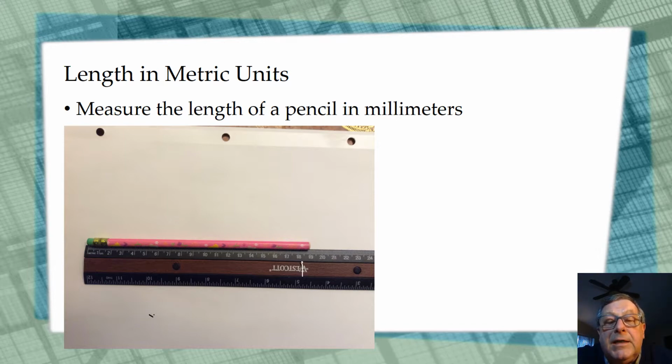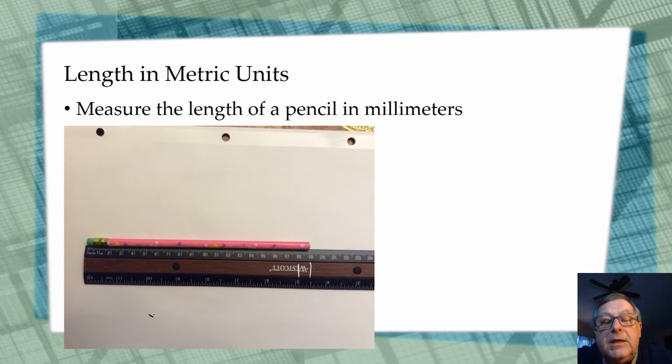And I can see 18 right there. Actually, it's not quite right there. 18 looks to be right there. And there's 18.5. And right there is 19. That would be 190 millimeters if it's 19 centimeters. It doesn't look like it's quite at 19 from what I can see.